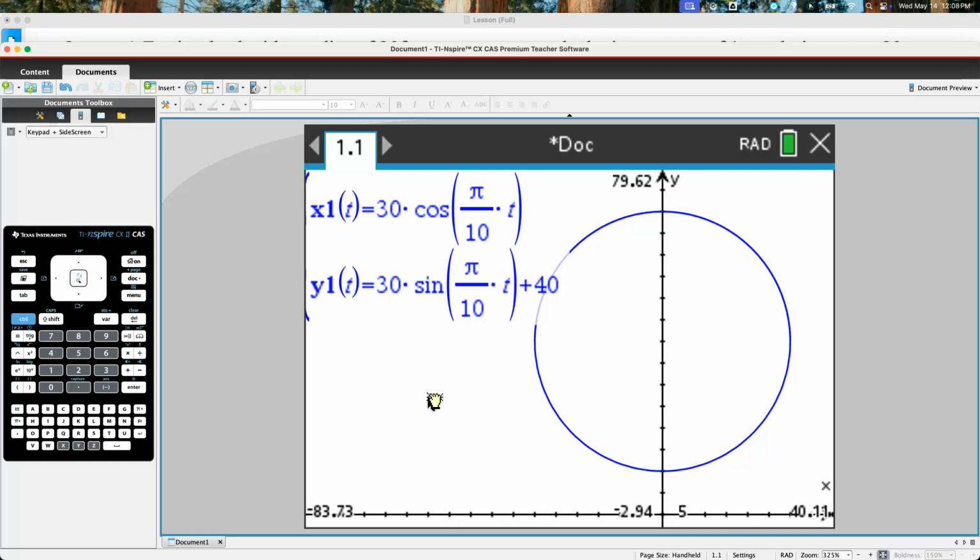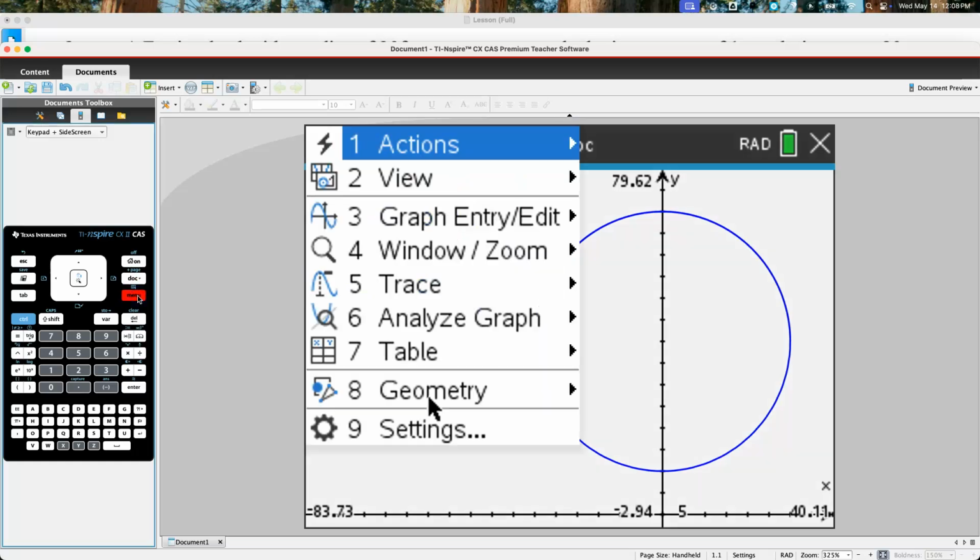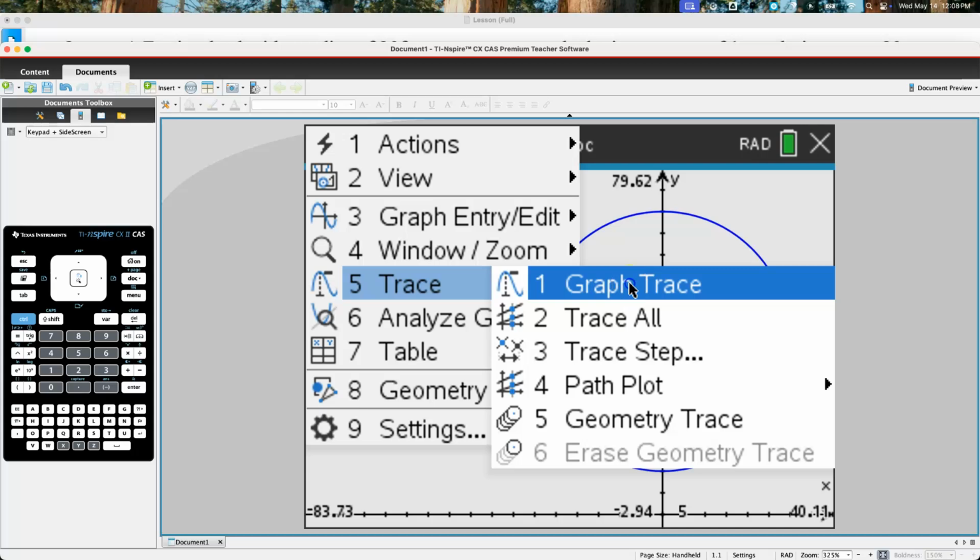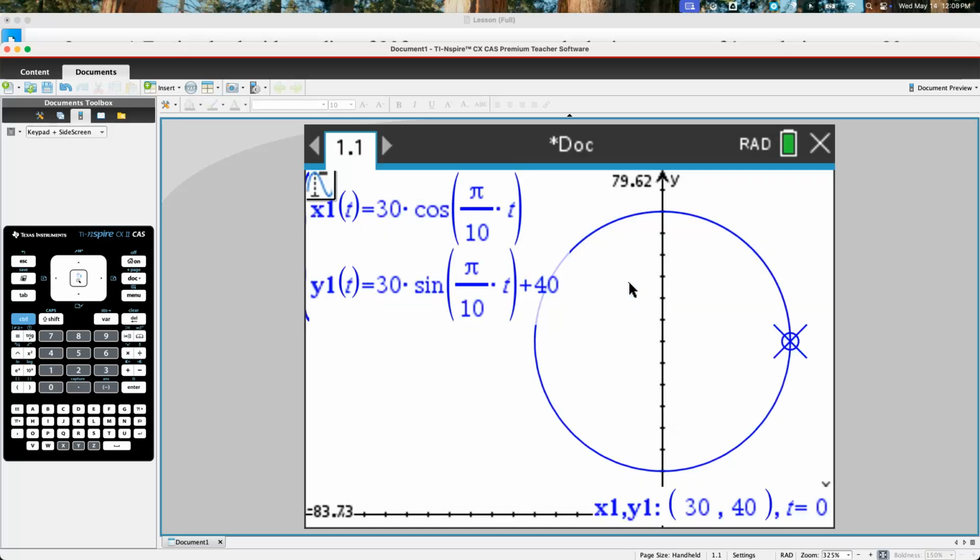Okay. Then the question that it posed was, what is the position that you're at 22 seconds into the ride? There are two ways to find the position that you're at 22 seconds into the ride. One is you can trace. And you can make your t value here be 22, provided that your t values in your problem that you set up was bigger than 22.